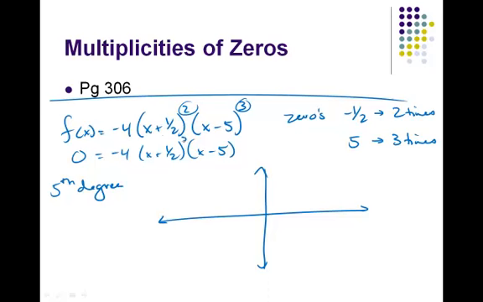This is a 5th degree, because those are going to be multiplied together. 5th degree means that it's going to be either up on the right and down on the left, or up on the left and down on the right. Since this is a negative, this is the scenario I'm looking at. So let's do our graph. Negative 1/2, 1, 2, 3, 4, 5.